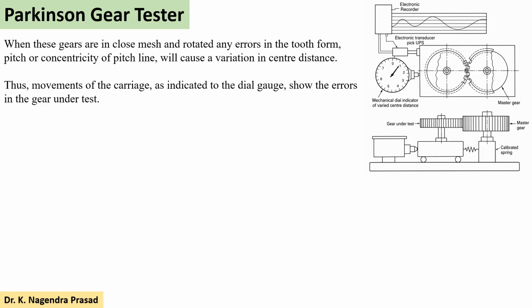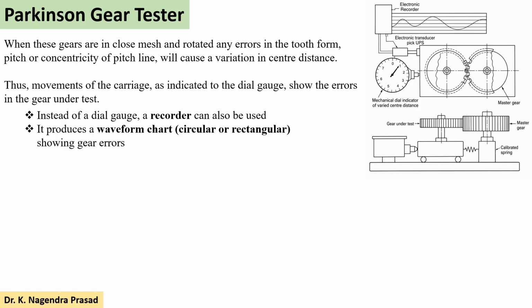When the master gear and the gear to be tested are in tight contact by the spring force and rotated, any errors in the tooth form, pitch or concentricity of the pitch line will cause a variation in center distance. The movement of the carriage is indicated by the dial gauge, which shows the errors in the gear under test.